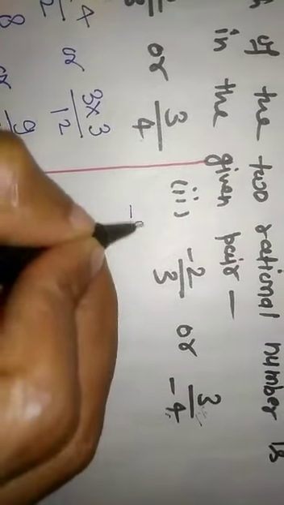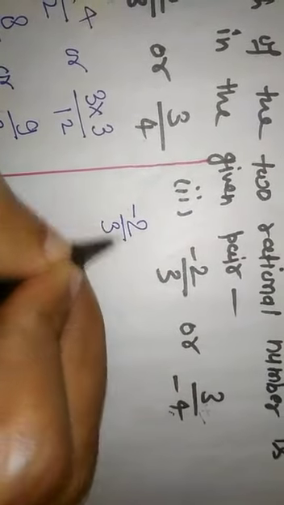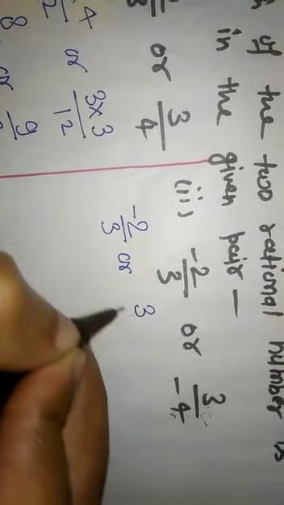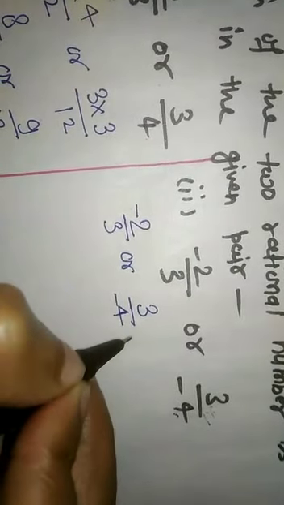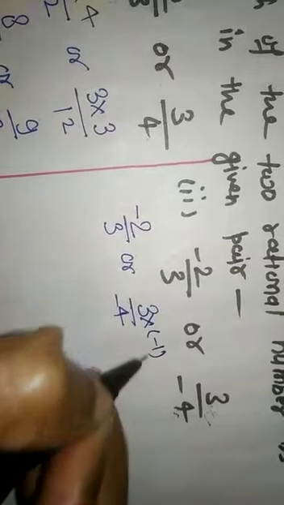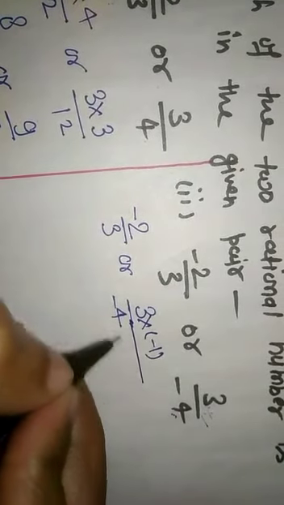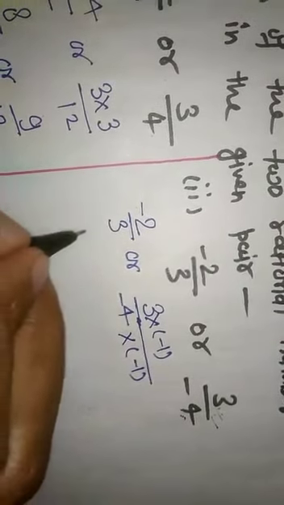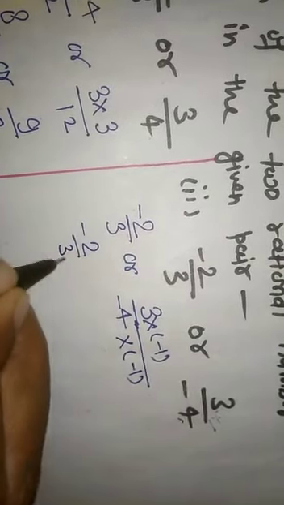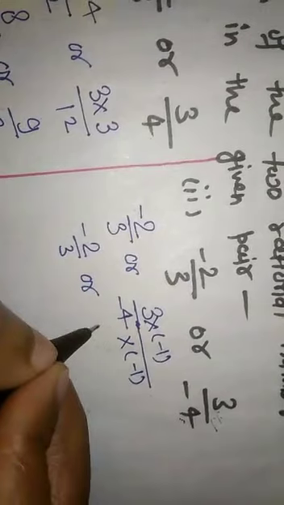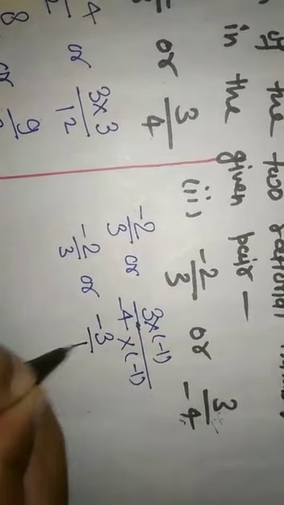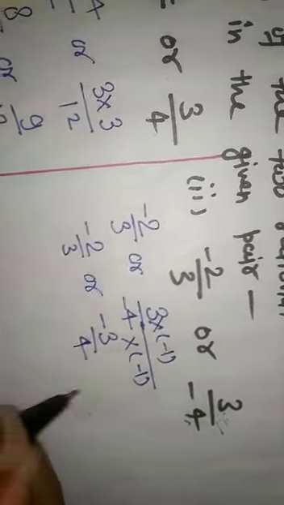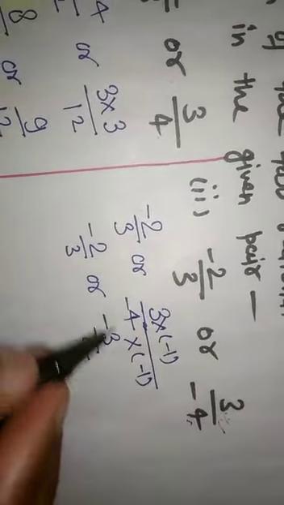For this, we multiply 3 by minus 4 by minus 1 in both numerator and denominator. What do you get? 2 by 3 and minus 3 by 4. So both are in standard form.